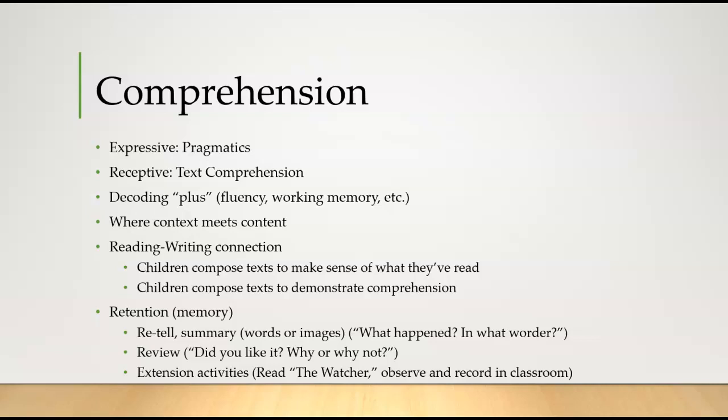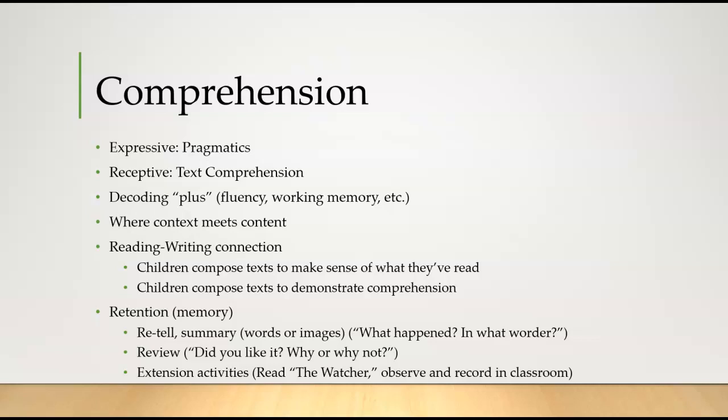And then, of course, extension activities, thematic activities that tie to the original text. So one of my favorite children's books is called The Watcher, which is about Jane Goodall, the famous scientist and field researcher. So you could read The Watcher and then do what Jane did in the book, which is to observe and record findings.